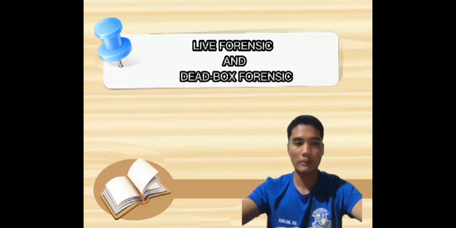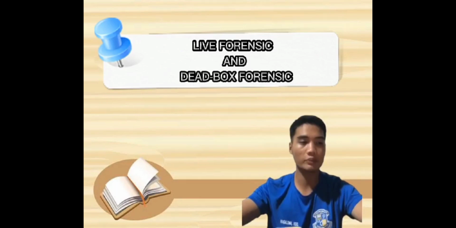So ang magamit ani nga pamaagi, ang very useful nga way, is ang live forensic according to Reyes and Wells 2007. Within dead box analysis, digital forensic analysis can interpret a specific file system and subsequently recreate the file system for you.